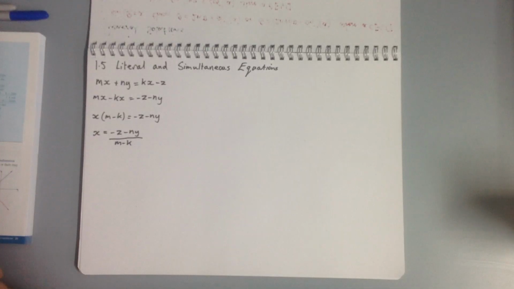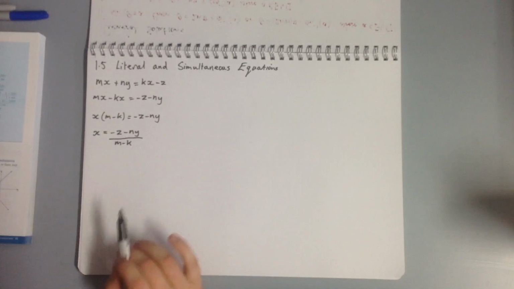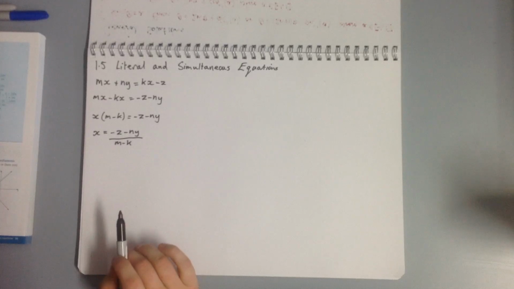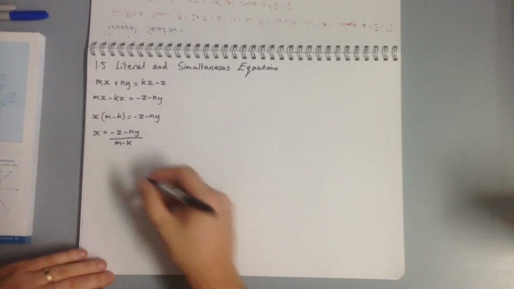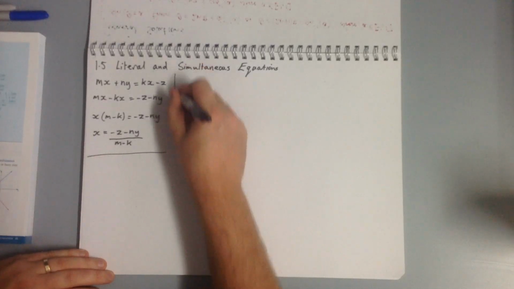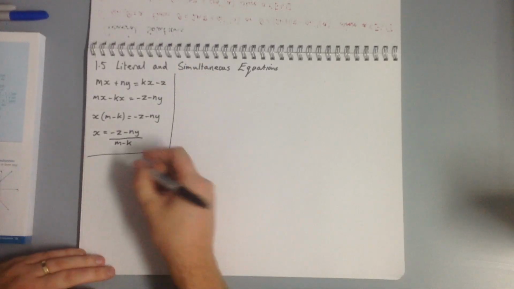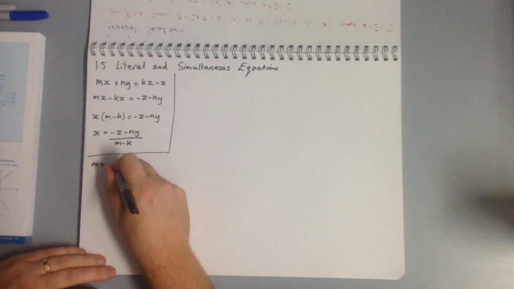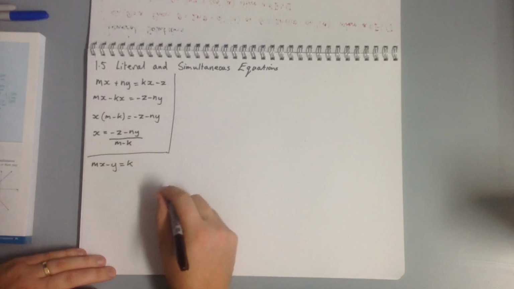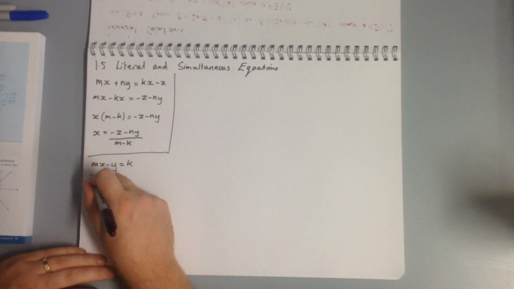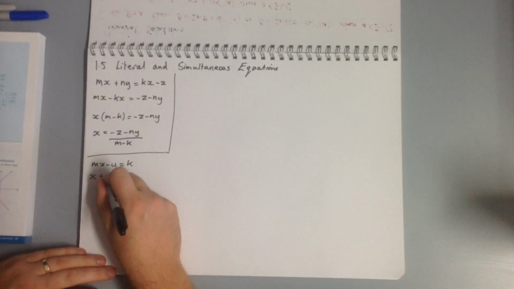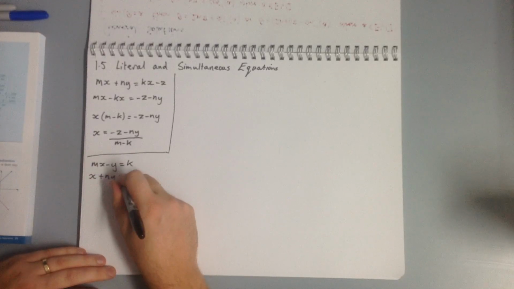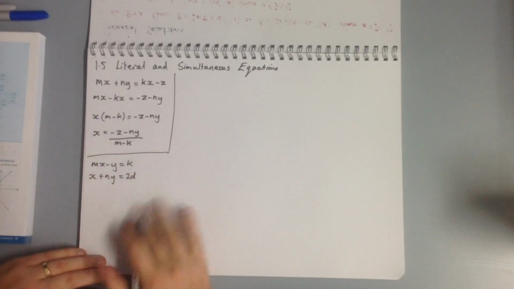So we'll move on. We can also do these types of things with simultaneous equations. Our next one has two equations: mx take y equals k and x plus ny equals 2d.